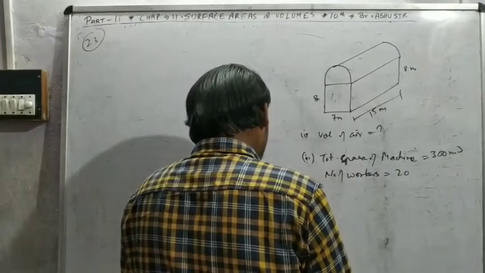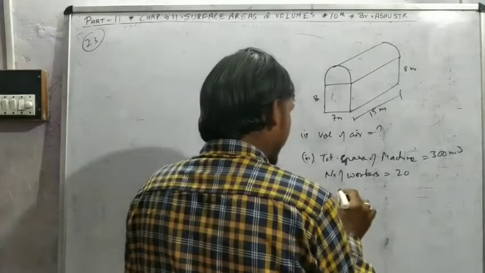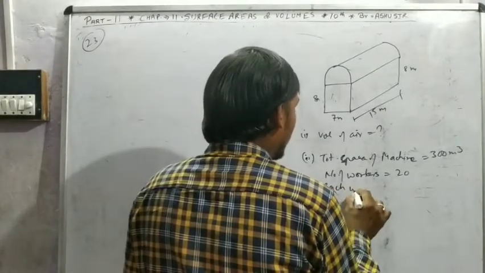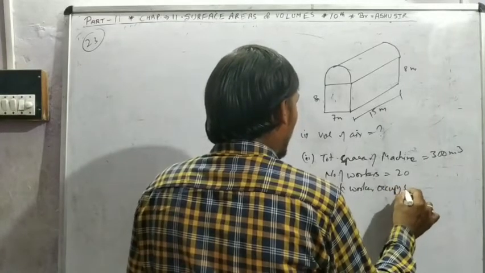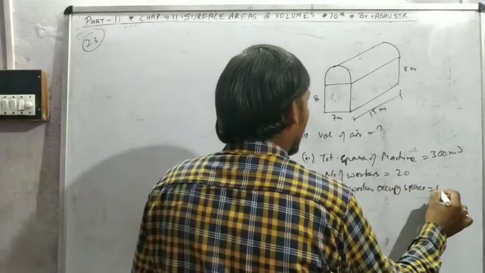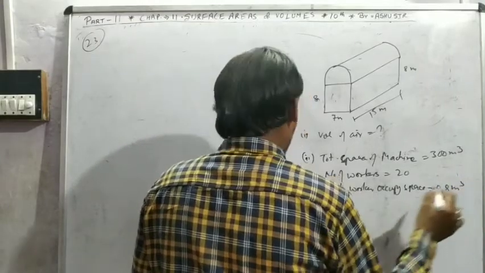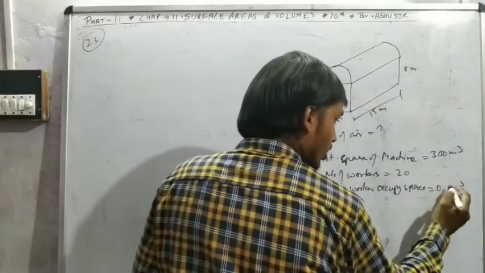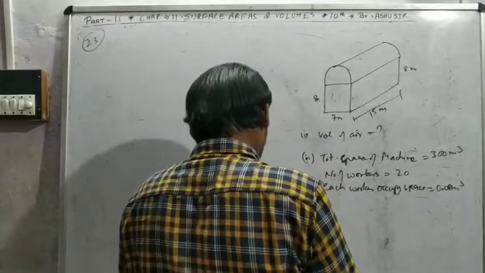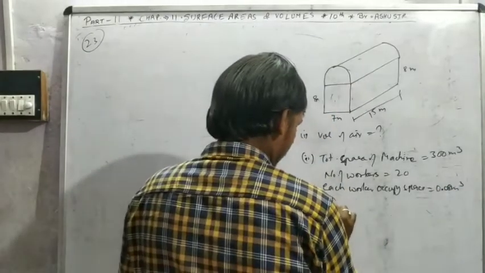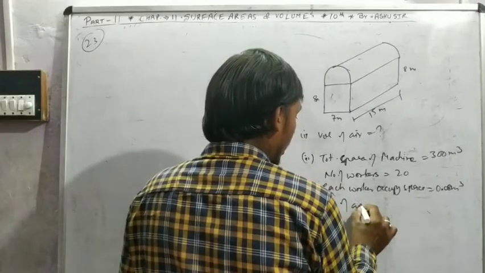Each worker occupies space 0.08 meter cube. Then how much air? Volume of air inside it.